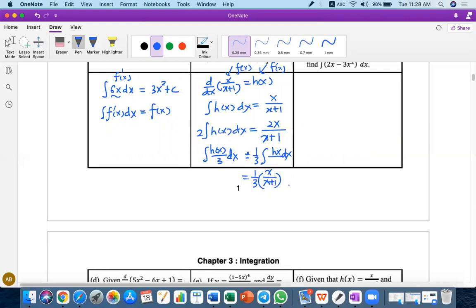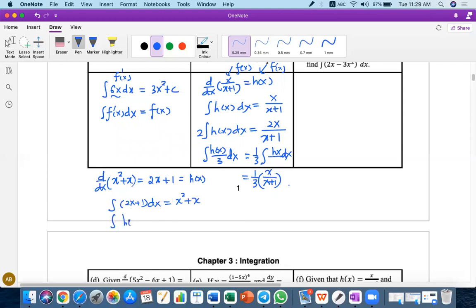A very quick example: if I differentiate x squared plus x, I will get 2x plus 1, so this is our h(x). If I integrate 2x plus 1 dx, I will get x squared plus x.